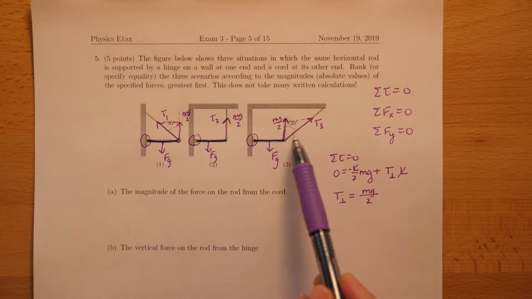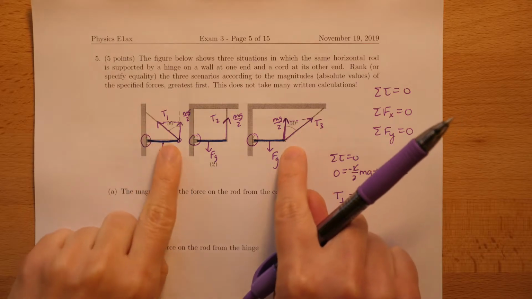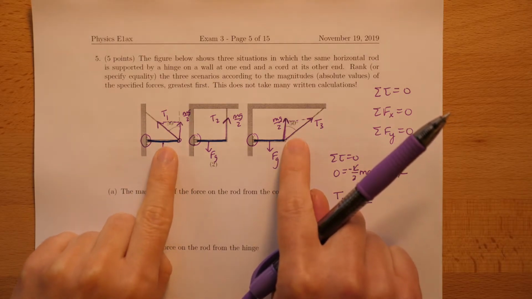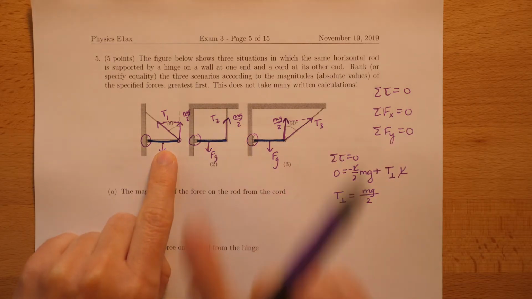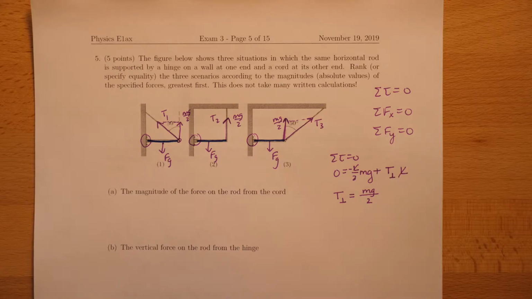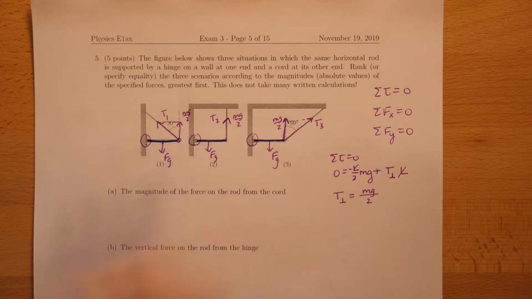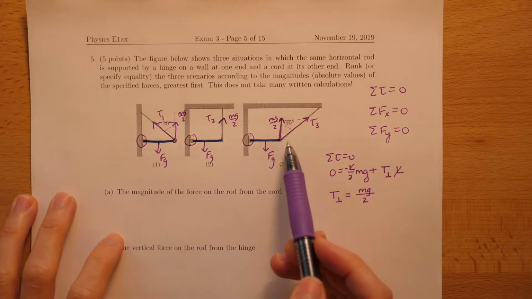So if the y components are all the same, and these two also have x components to their tensions, then these two tensions must be bigger in magnitude than this tension. These two angles are the same, so the x components of T1 and T3 are opposite, but they have equal magnitude.